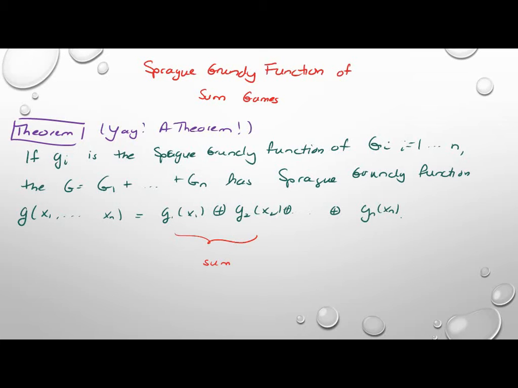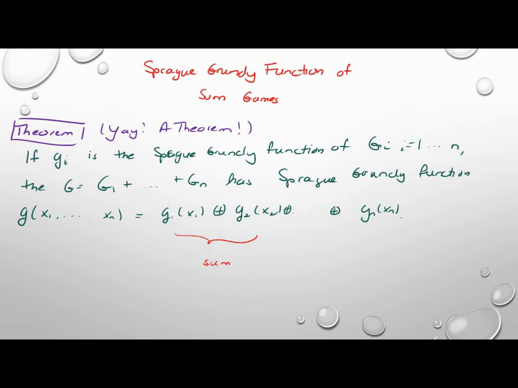So we have a definition of what we mean by followers. So you technically could calculate the SG function of the sum of a bunch of directed graphs. And it turns out that this SG function for the sum of directed graphs is just the SG function of all the little ones NIM summed.